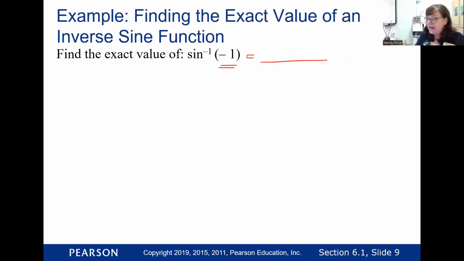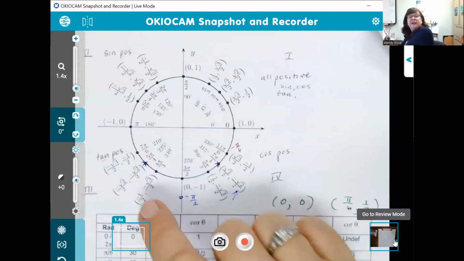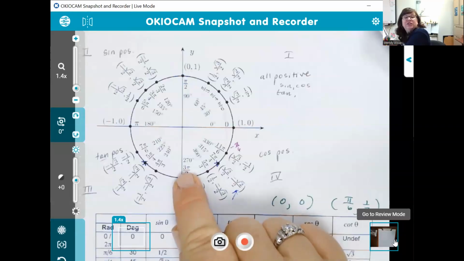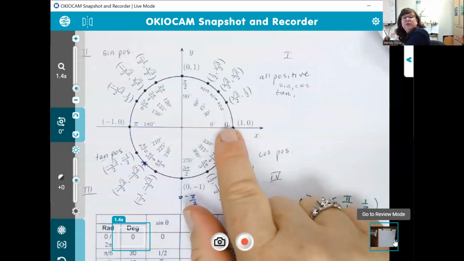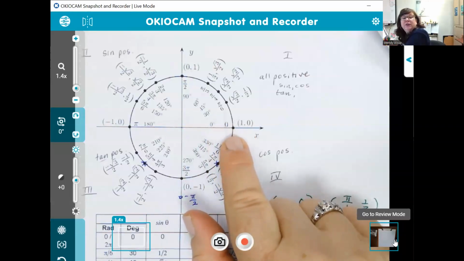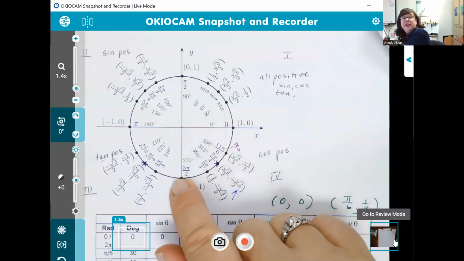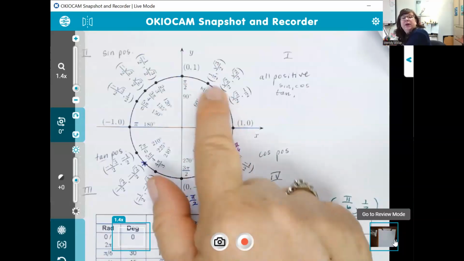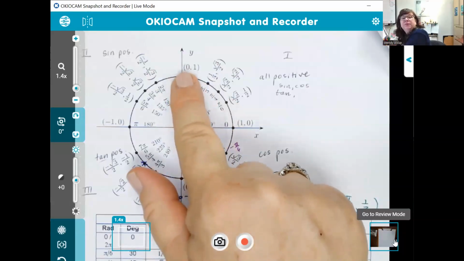Remember, we're restricted from negative pi over 2 to positive pi over 2. So I'm going to pull up my cheat sheet here. On the sine, we're restricted from negative pi over 2, which is the same location as 3 pi over 2. Start here at 0, and if you go in the negative direction, you end up at negative pi over 2, and from there all the way around to positive pi over 2.